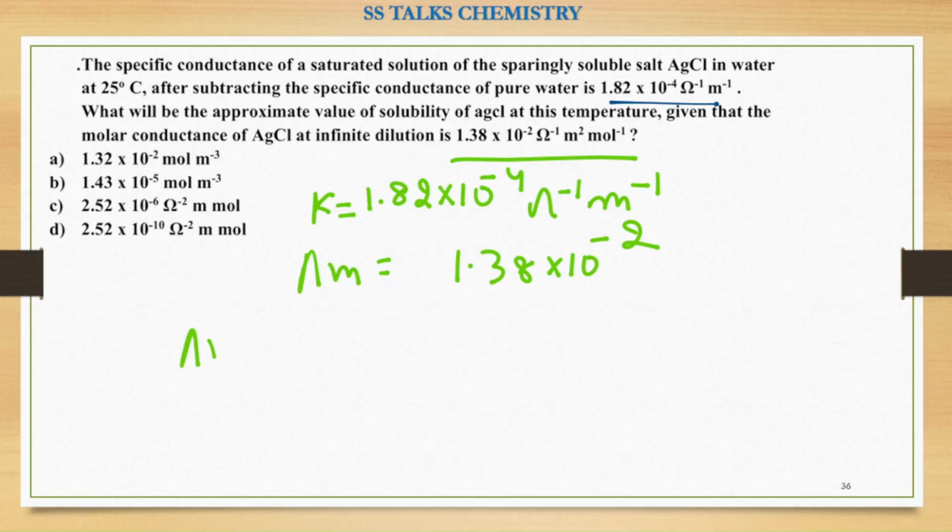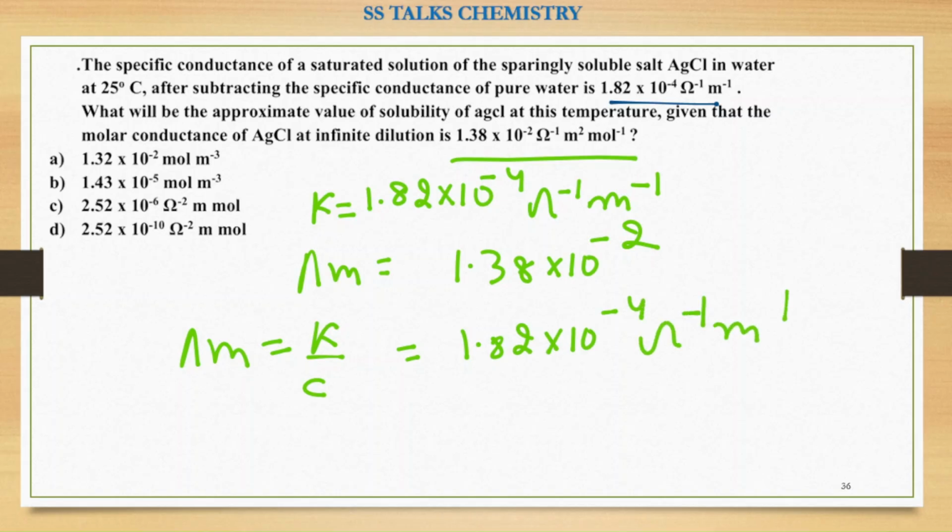We know that lambda n is kappa upon the concentration. So the kappa value is 1.82 into 10 raised to the power of minus 4 ohm inverse meter inverse, and the lambda n value you can bring downwards.